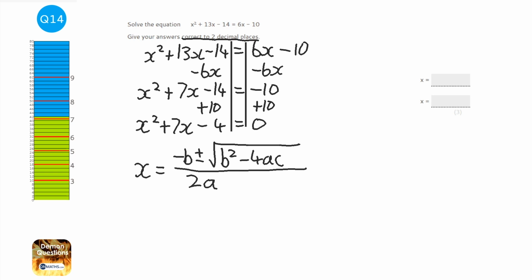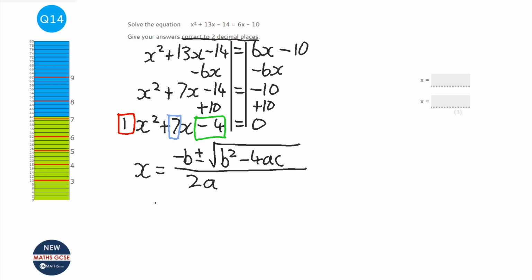But for those of you who don't, a is the number before the x squared, b is the number before the x, and c is the leftover number. The number before the x squared is 1, because there's no number there. The number before the x is 7, and the number on its own is minus 4, and it's really important that you understand that that's not 4, that's minus 4.